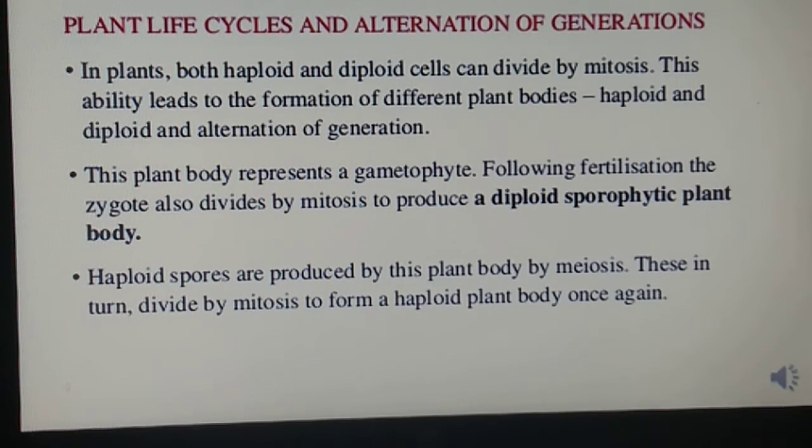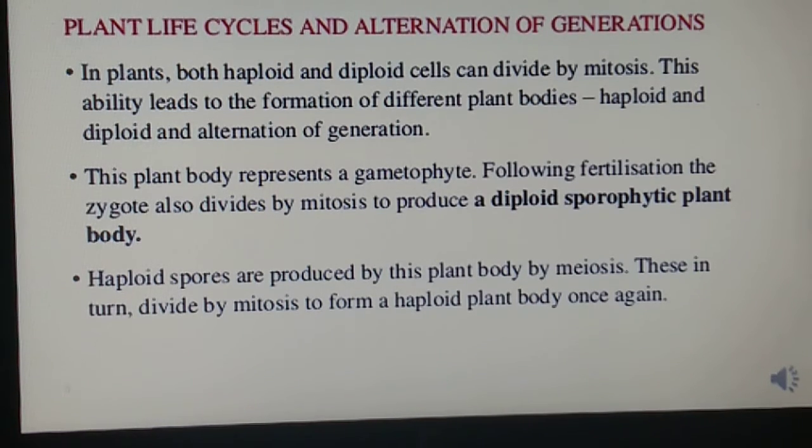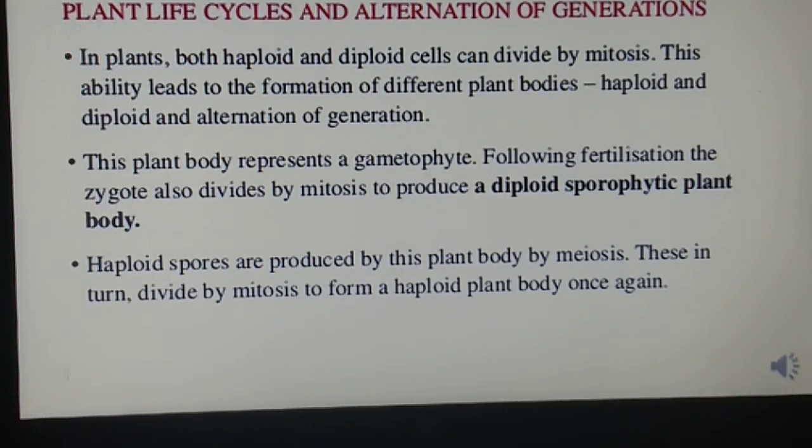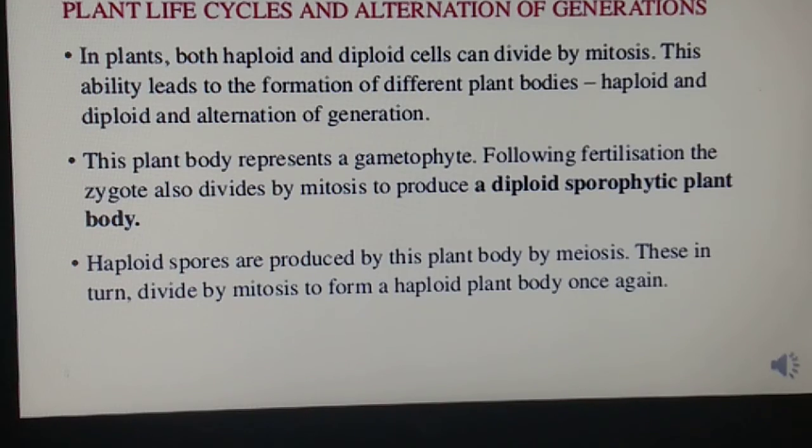Now this plant body represents a gametophyte. Following fertilization, the zygote also divides by mitosis to produce a diploid sporophytic plant body. And haploid spores are produced by this plant body through meiosis. These in turn divide by mitosis to form a haploid plant body once again. So this process keeps on repeating.